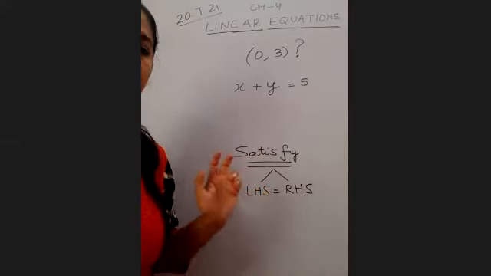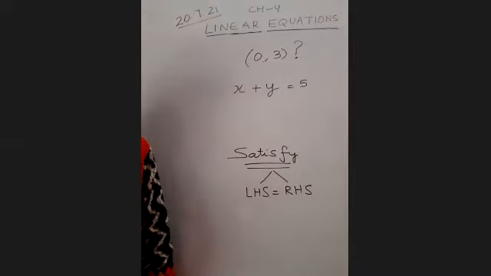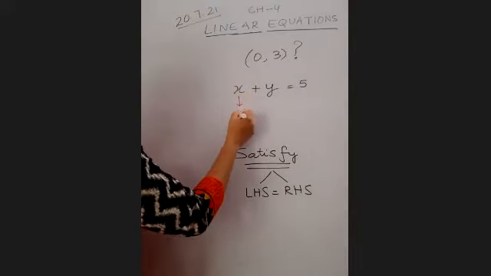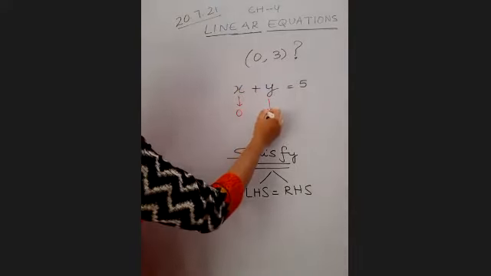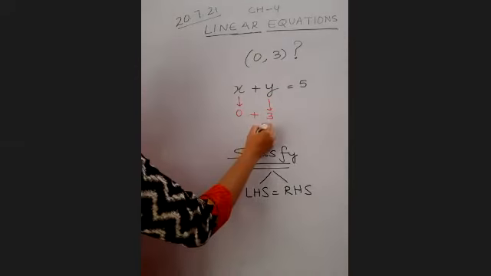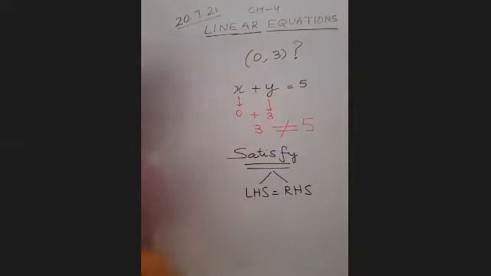Tell me, children, will (0, 3) satisfy this? x has to be 0, y has to be 3. What is 0 plus 3? 3. Which is not equal to 5. So is it a solution?